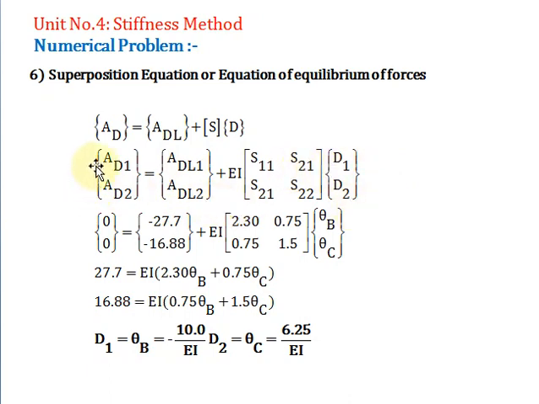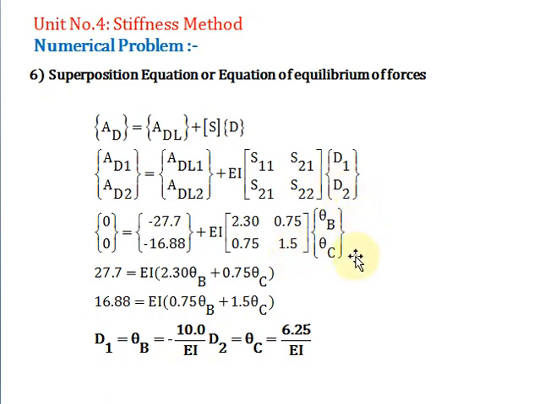So put in the values of AD1 and AD2, which are 0 and 0. We already found ADL1 as minus 27.7 and ADL2 as minus 16.88, plus the stiffness matrix with S11 as 2.3, S21 and S12 as 0.75, and S22 as 1.5.